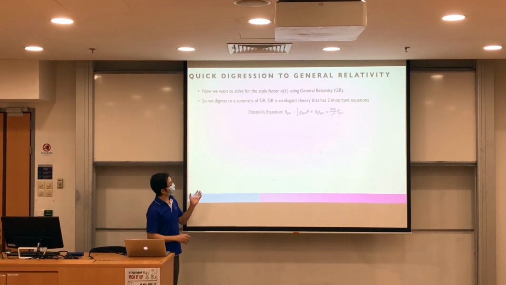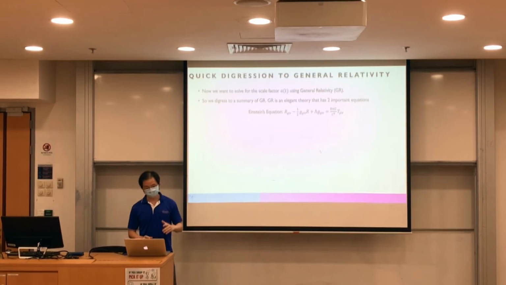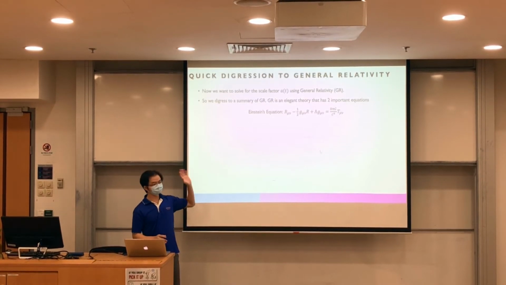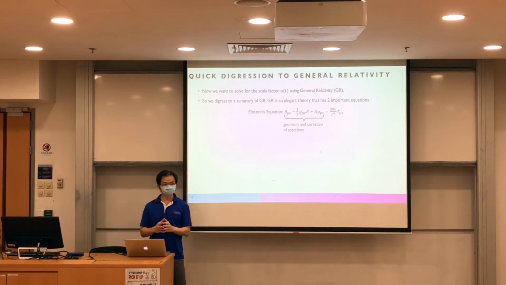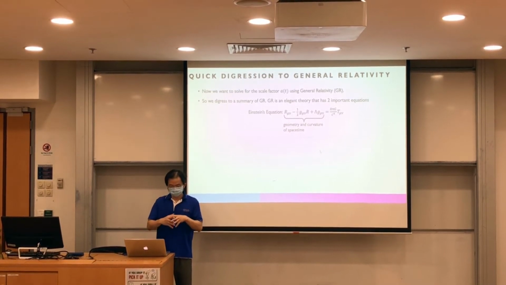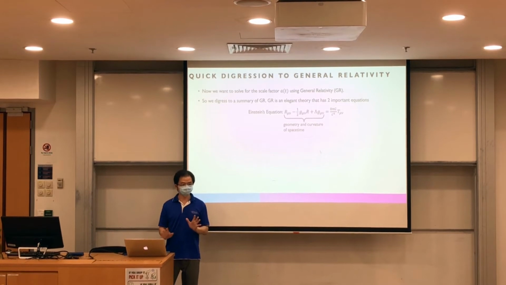So the 2 equations are, yes, I literally showed them to you. You don't have to understand any of this. Einstein's equation looks like some gibberish up there. Let's just throw in the meaning. The left-hand side stands for the geometry and curvature of space-time. That's all you need to know.